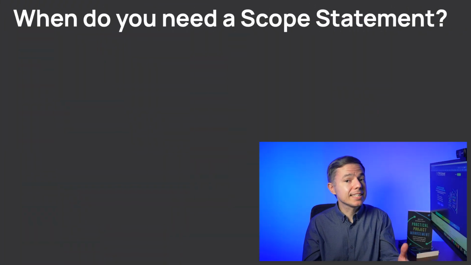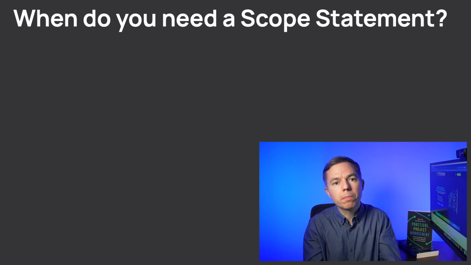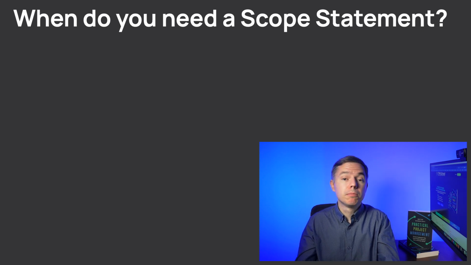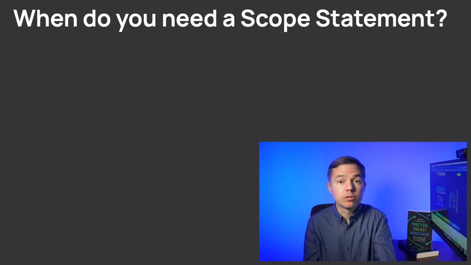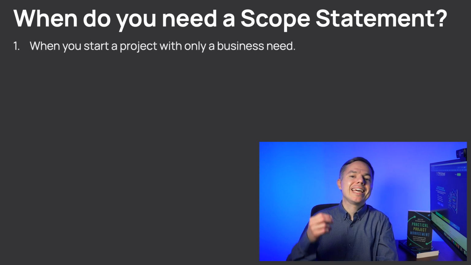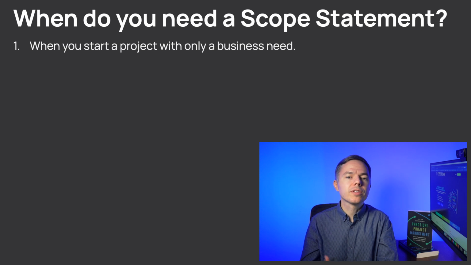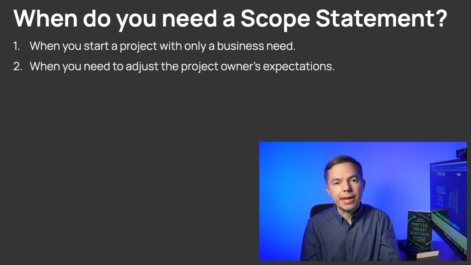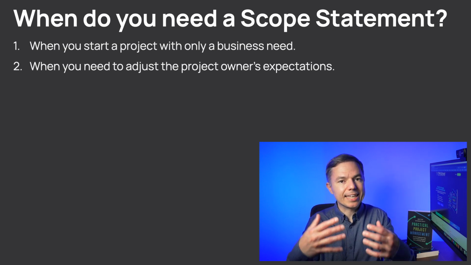But in what cases do you need to create a formal project scope statement to make it cost efficient and get those benefits? First of all, when you start a project with only a business need, when you don't have a vision of the final product. Second, when you need to adjust the project owner's expectations.